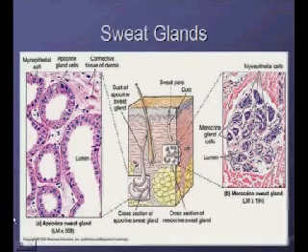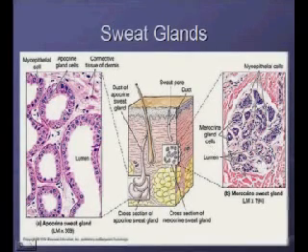Again, you can see the arrangement of the cell type in these glands, the lumen, connective tissue proper, the myoepithelial cells. Again, this is the eccrine sweat gland. This is a cross-sectional picture of the integumentary system, specifically identifying the apocrine sweat gland and the eccrine sweat gland.